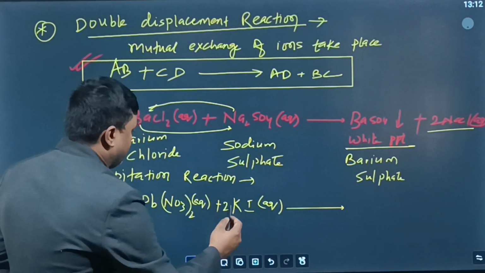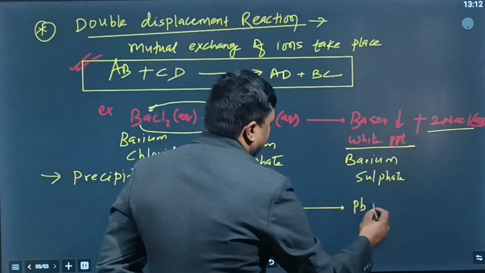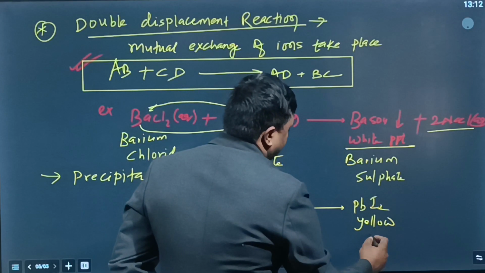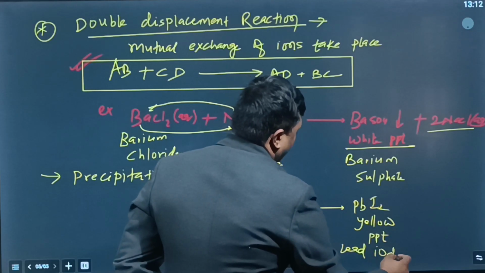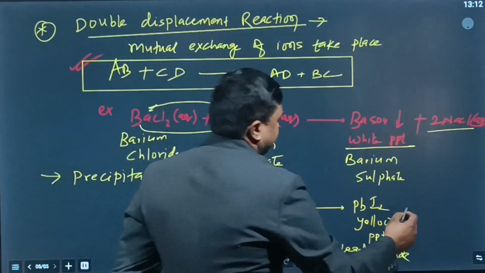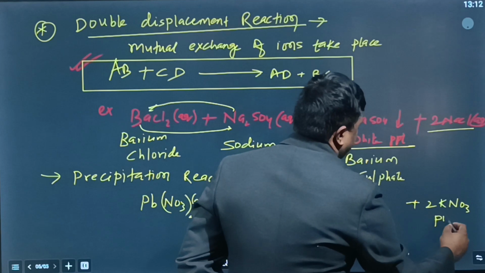To balance, you multiply here by 2, PbI2 is formed. It is a yellow precipitate of lead iodide. Along with that, potassium nitrate is formed, plus 2KNO3 potassium nitrate solution.